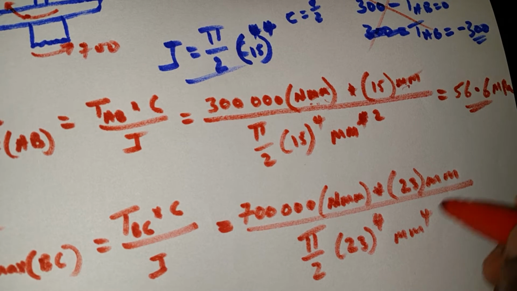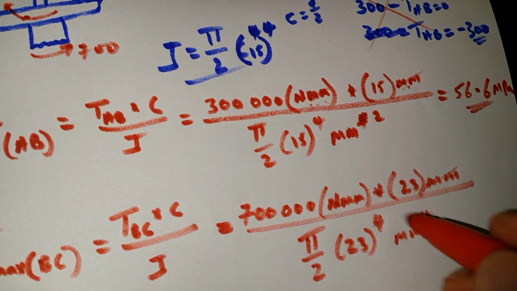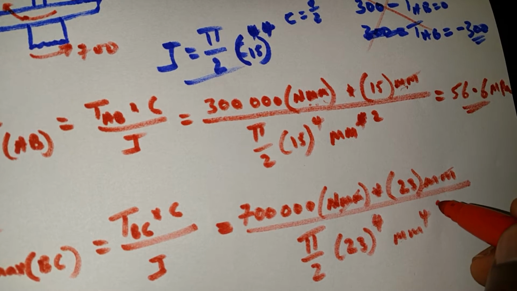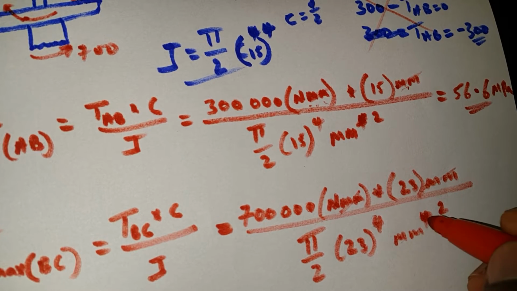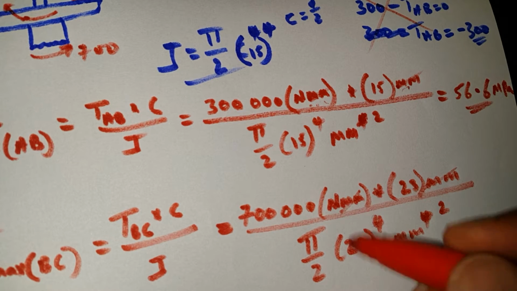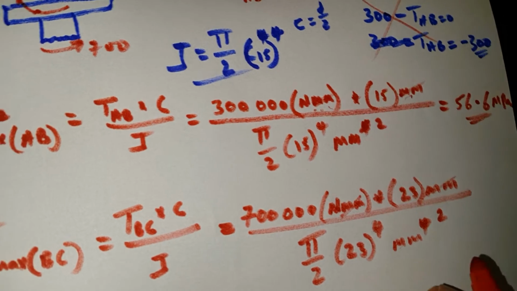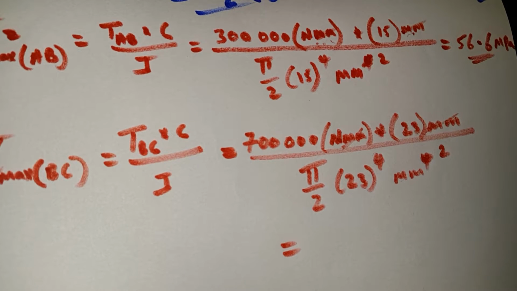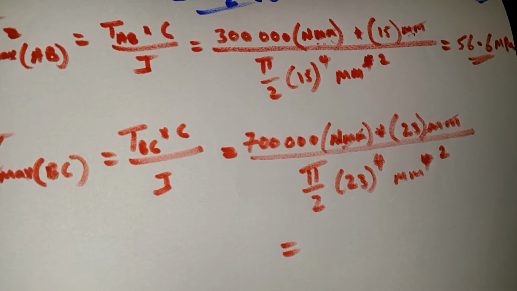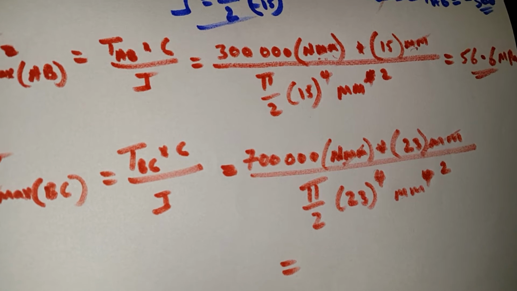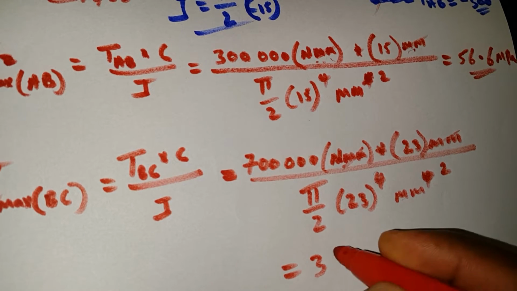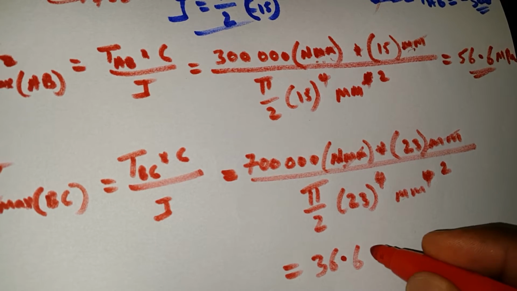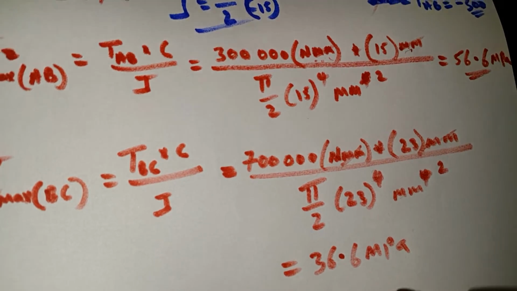If one millimeter goes here and another goes here, we have millimeter squared, and Newton over millimeter squared is megapascal. Let me check. It is giving us 36.6 megapascal.